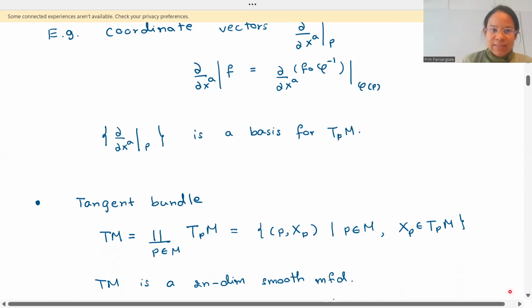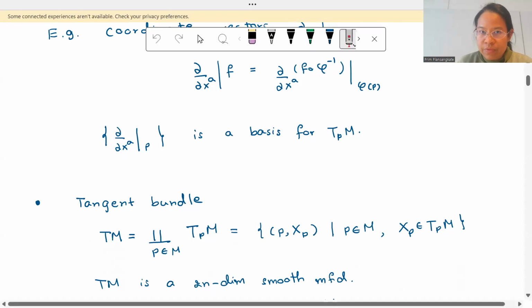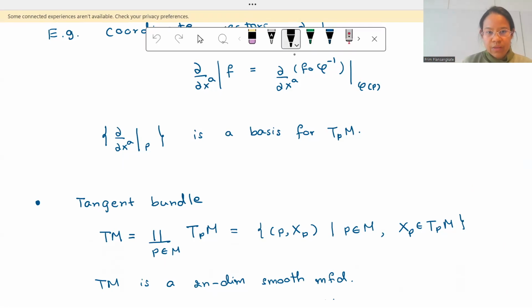So next, this is a tangent vector at a point, and I would like to define a tangent vector field. I want to talk about not just the vectors at a point, but tangent vector fields.